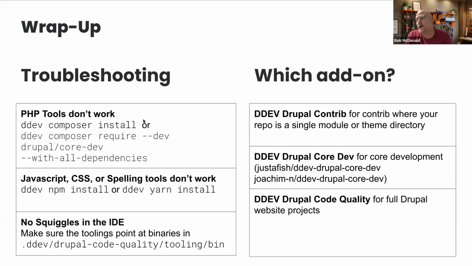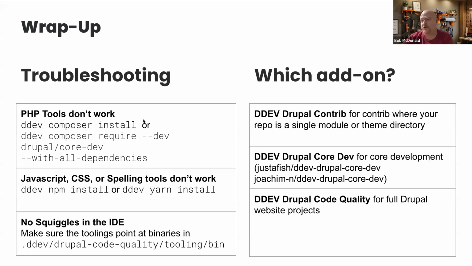And I wanted to talk about a couple things here. One is troubleshooting, what to do when things aren't working. If your PHP tooling doesn't work, like PHPCS or PHPStan, it may be that you skipped the step of installing those dependencies, or somehow those have become uninstalled.